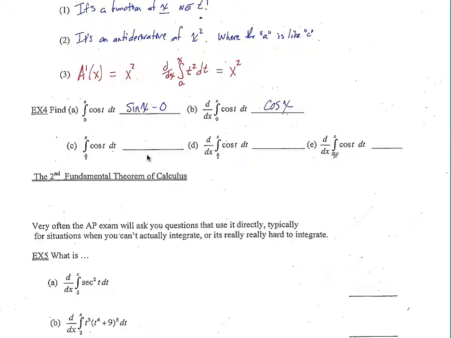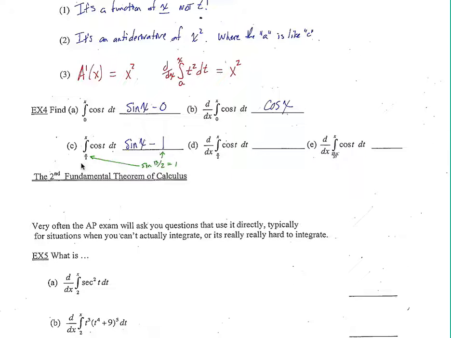C. Lower bound here, pi over 2. So this is going to be sine of x minus the sine of pi over 2, and the sine of pi over 2 is 1. Just a note, to make sure you're following that, this comes from the fact that the sine of pi over 2 is equal to 1, which comes from the lower bound.